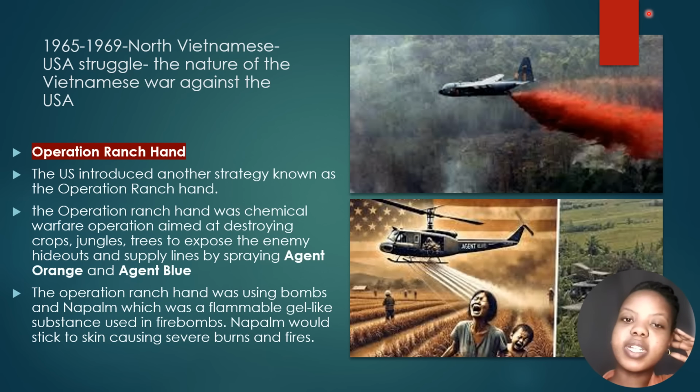It also used bombs and napalm, which was a flammable gel-like substance used in firebombs. Napalm would stick to skin, causing severe burns and fires, as depicted in these visual images. However, this did not stop the Viet Cong from defeating the USA.